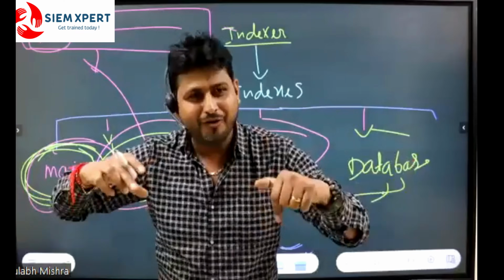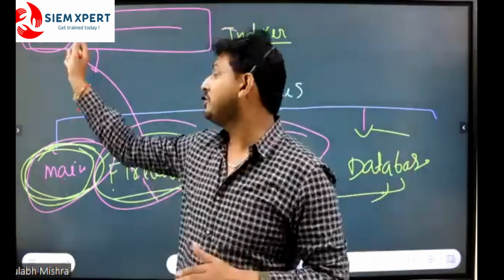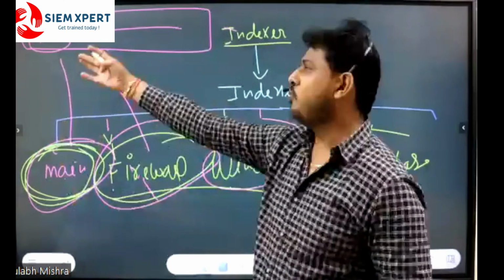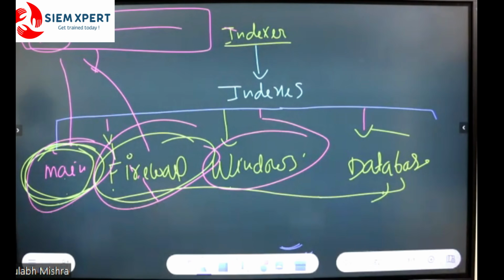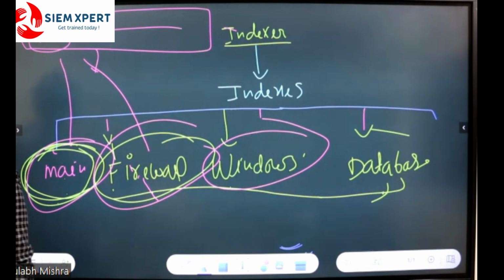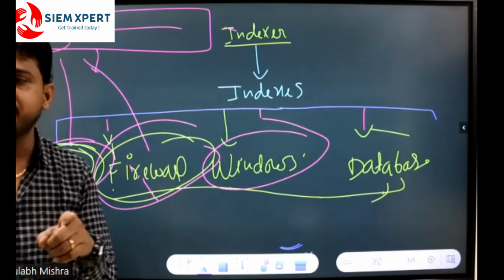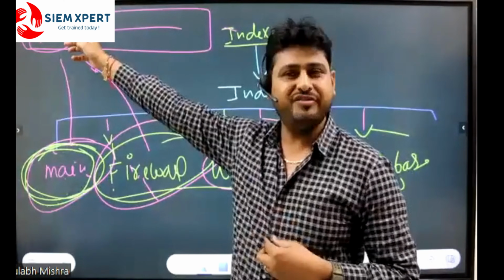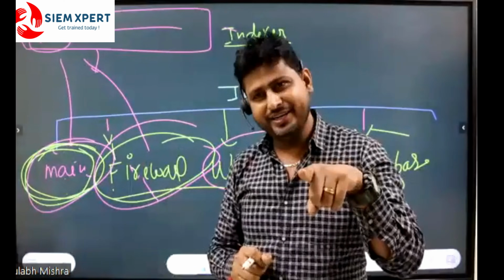Otherwise, by default it searches main. So what is the default index? Main. When you search without defining an index, it searches the default index.